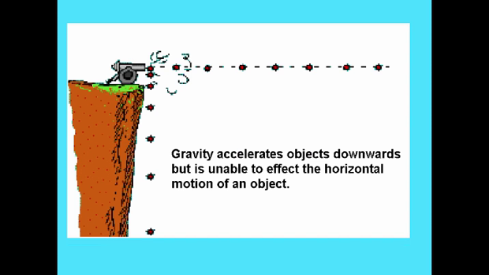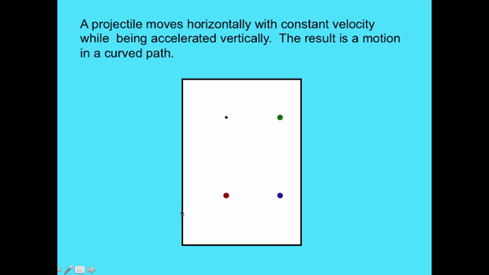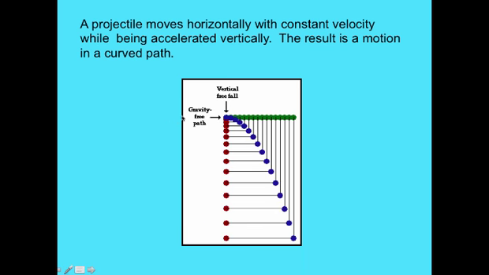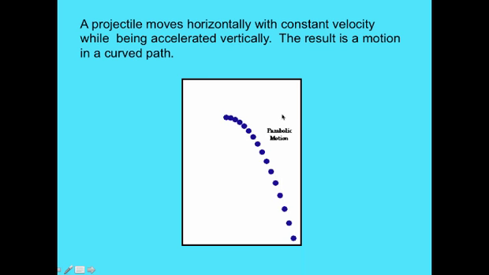All right, we have this example of a cannonball. And if you were to launch a cannonball, and if there was no gravity, we know that that cannonball would just continue in a straight line forever. But there is gravity. Now, if we were just to drop the cannonball straight down, all of a sudden the distance would get successively bigger because gravity is causing it to accelerate. The net result of that is we've got the horizontal motion, which in this case is going to be the green dots.